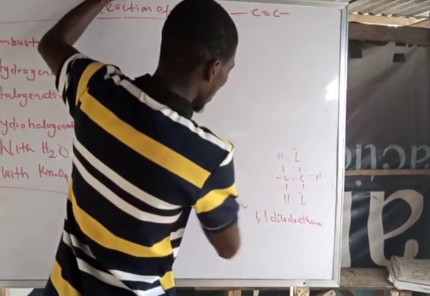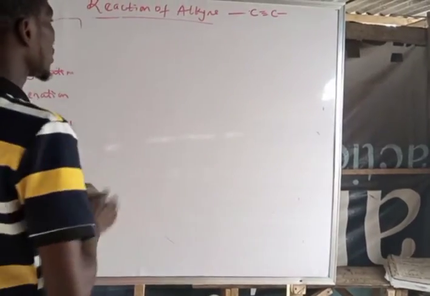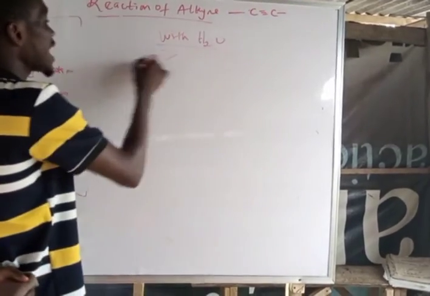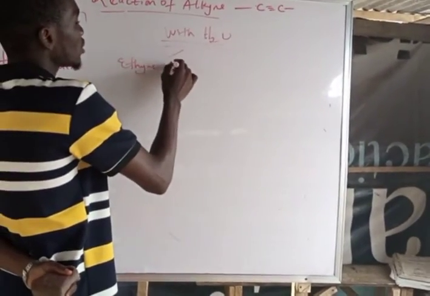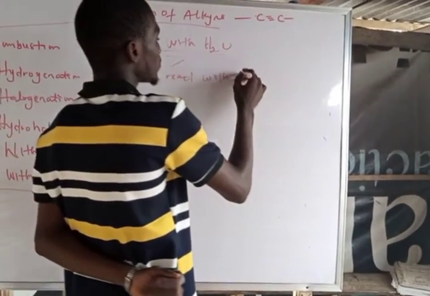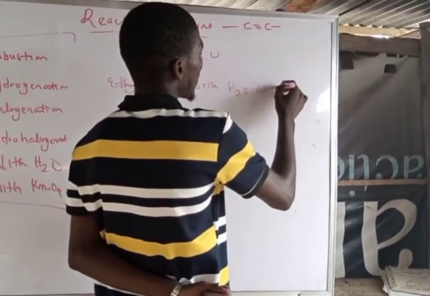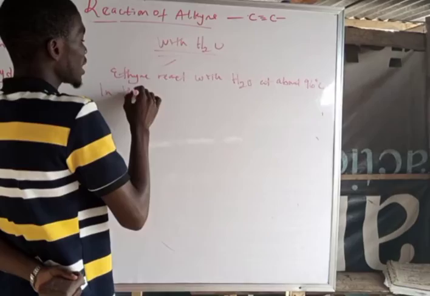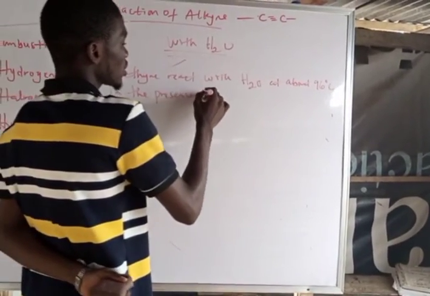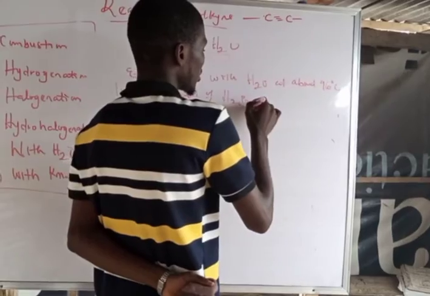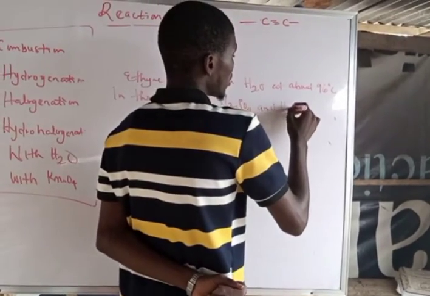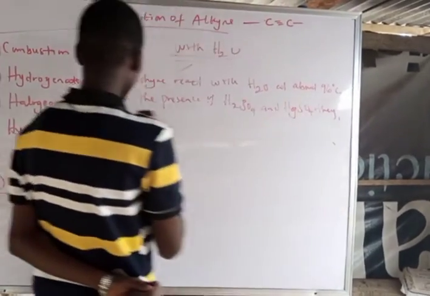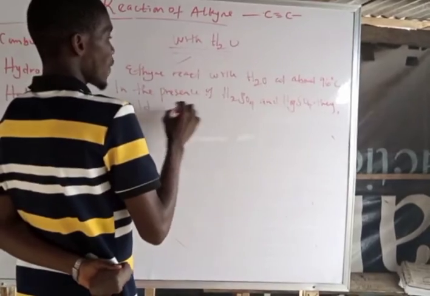How does ethane react with water? And take note of one thing. So I call it with water. So when ethane reacts with water at about 960 degrees Celsius in the presence of sulfuric acid and mercury sulfate, they yield ethanol.